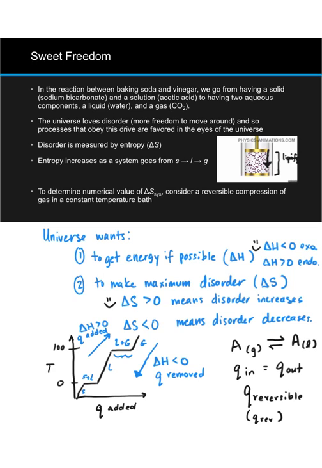Because the phase change between liquid and gas occurs at a constant temperature, we can relate the amount of heat energy that's either being input to vaporize our liquid or being removed to condense our gas relative to the temperature at which this occurs, like 100 degrees for water.